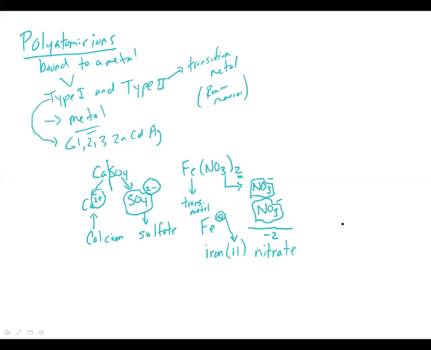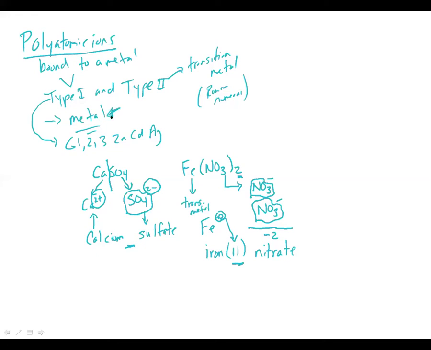So that brings up a good point when we look at putting formulas together that involve polyatomic ions. The question was, why did we use the Roman numeral on the second one and not the first one? The reason is, with polyatomic ions, it is the metal that's really important.